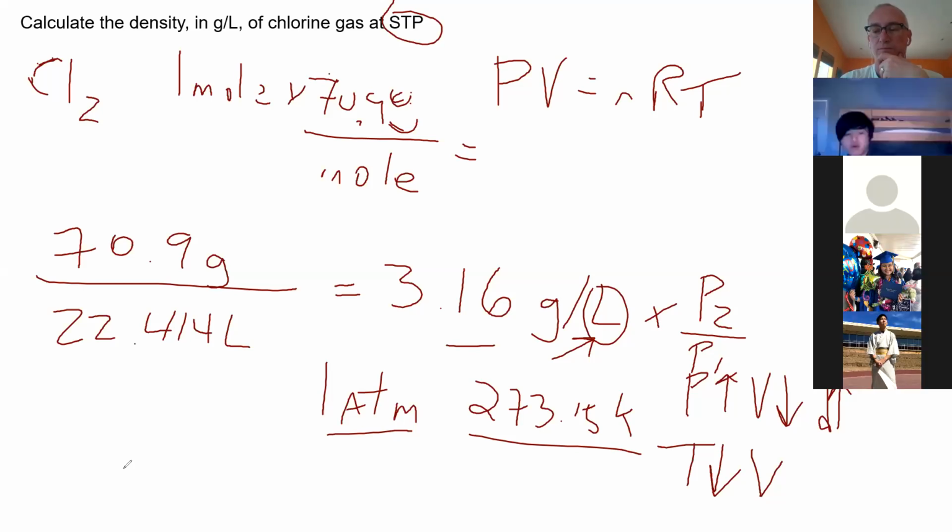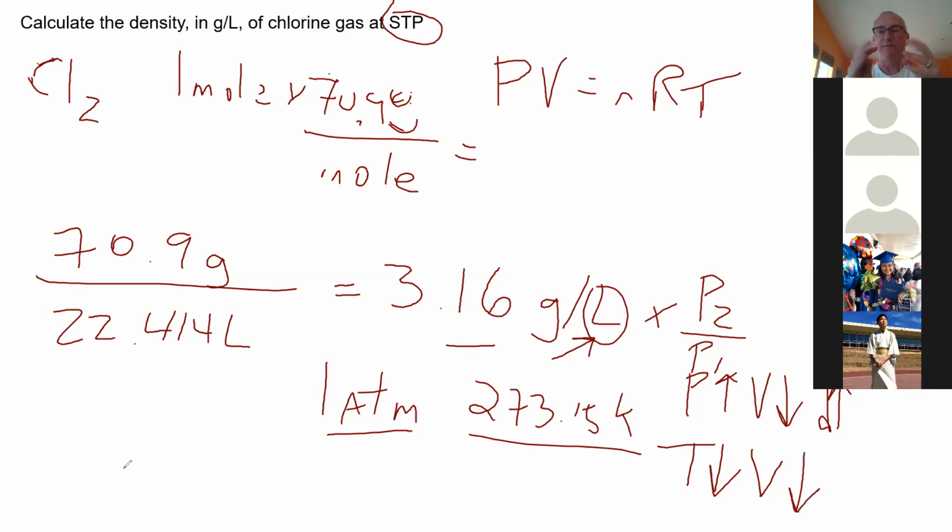It goes down as well, right? Because the molecules don't move as quickly, so they don't hit the sides of the container as much. The volume is going to decrease at the same pressure. So the temperature goes down, the volume goes down. If I put my balloon in the freezer, it shrinks, right? So if the volume goes down with the temperature going down, what happens to the density?